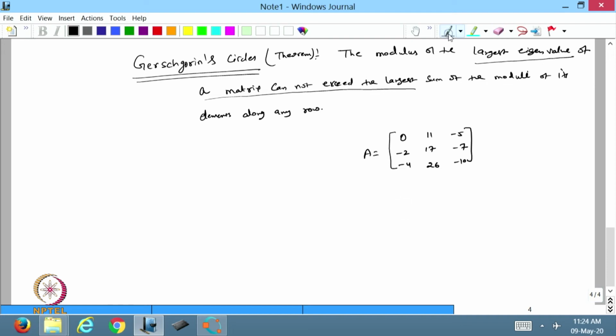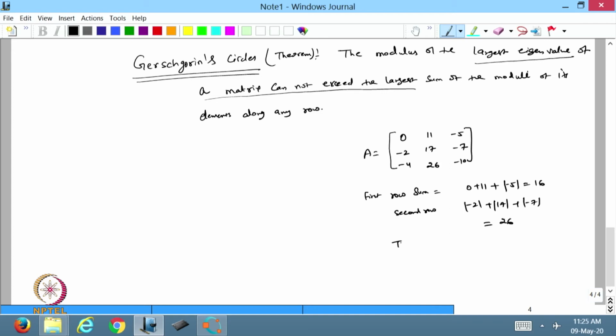The first row sum is equal to 0 plus 11 plus modulus of minus 5, because it gives the modulus value. So, it is 16. The second row is modulus of minus 2 plus 17 plus modulus of minus 7, so that is 26.